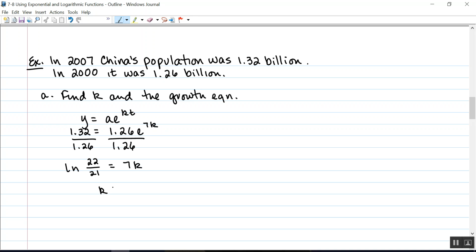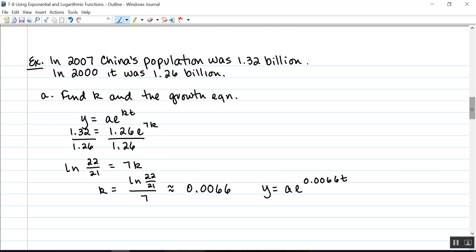So k is going to be equal to the natural log of 22 over 21 divided by 7, or approximately 0.0066. And so my equation for the growth is going to be y equals a times e to the 0.0066t.